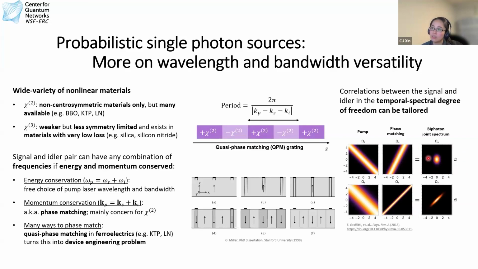So in a sense, you get no information about the frequency of the other photon if you measure one of them. However, in this case, it ends up having a very high positive linear slant. And so basically, if you detect the frequency of one of the photons, you start getting information about the other one. And depending on your use case, it's one or the other. But usually for heralded single photons, you want it to be spectrally separable.